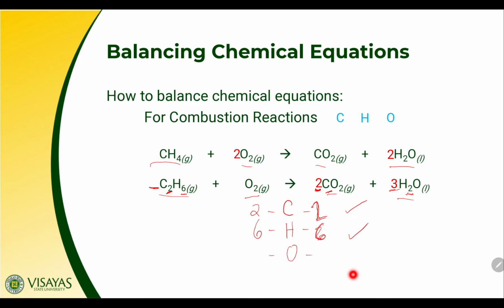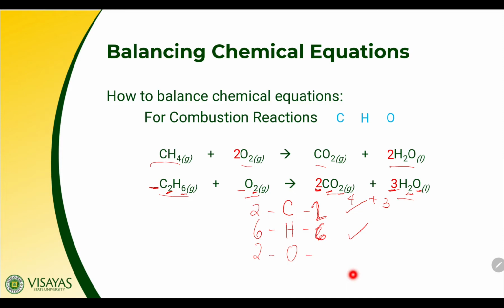Lastly, we balance the number of oxygen atoms. On the reactant side, we have 2 times 1. So we have 2 oxygen atoms on the reactant side. On the product side, we have 2 times 2 is 4 plus 3 times 1 is 3.